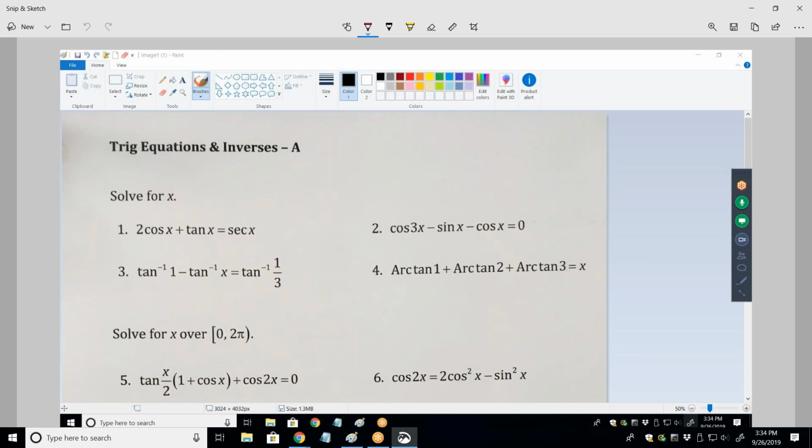First of all, one of the secrets to solving these trig equations is to try to get everything into the same trig function. If I have sine equals cosine, that's hard to solve.